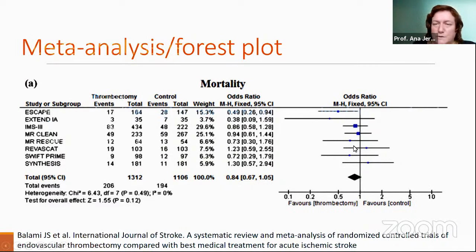Once we pooled all these studies together, we see that the summary effect shows that there could be a 0.16 reduction in odds ratio, where the confidence interval includes a moderate reduction of 0.33 to no effect at all.